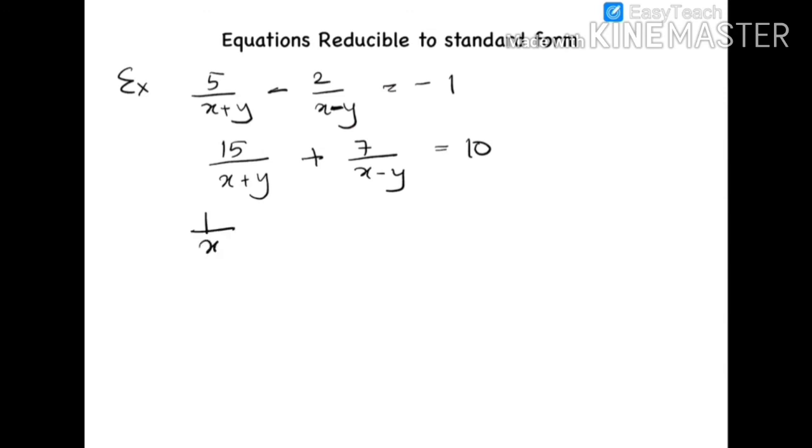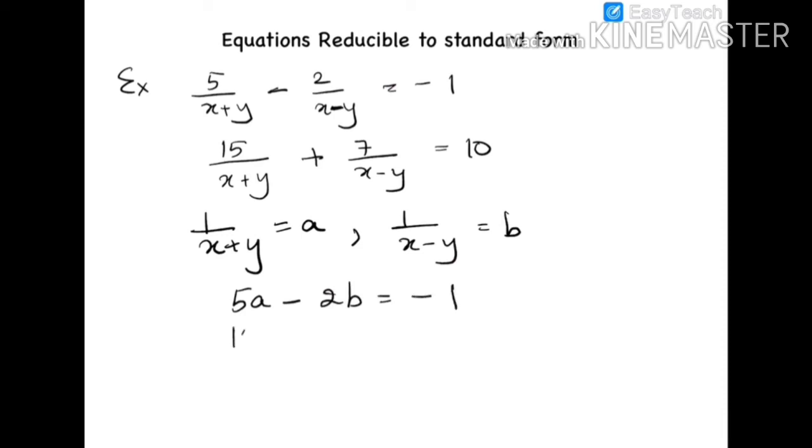So if we take 1 over x plus y as a, and similarly in the second term 1 over x minus y as b, then these two equations can be rewritten as 5a minus 2b equal to minus 1, 15a plus 7b equal to 10. Now we can solve this pair of linear equations using elimination method.